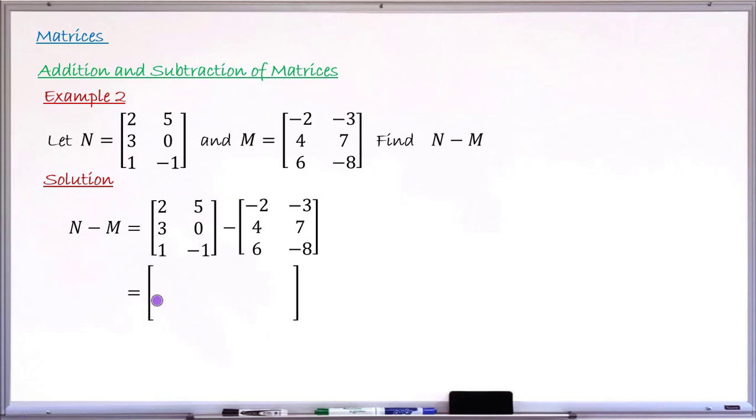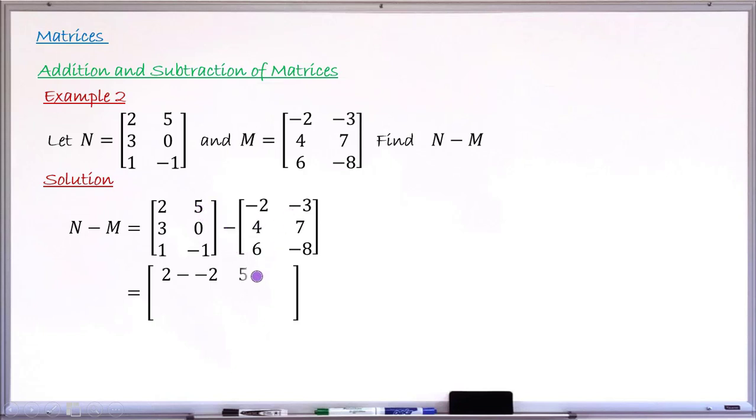So I'm going to have my matrix, and in this matrix, I'm going to say 2 minus the 2. That will give me the entry at the first row, first column. To get the first row, second column, we'll have 5 minus 3.